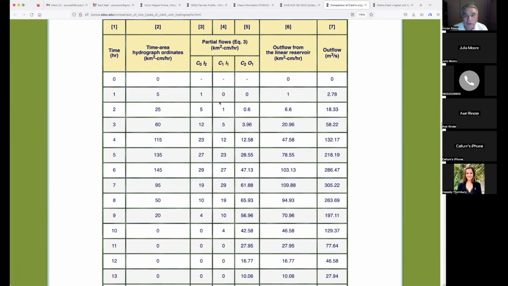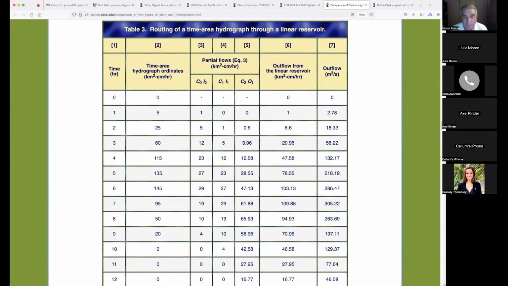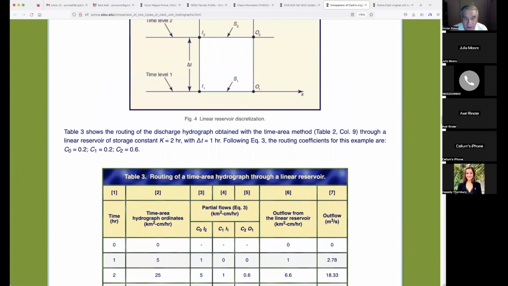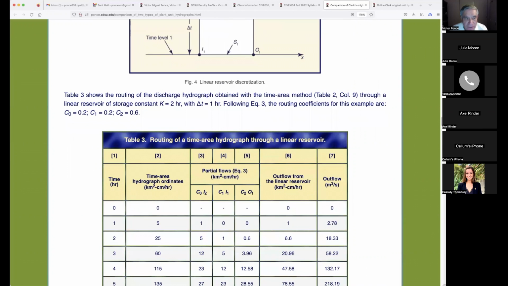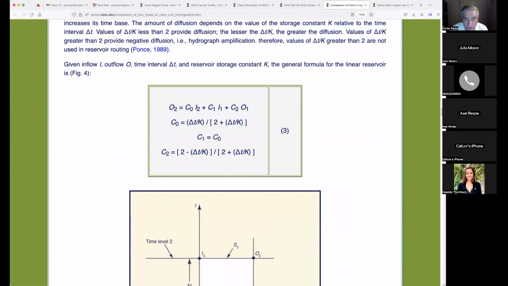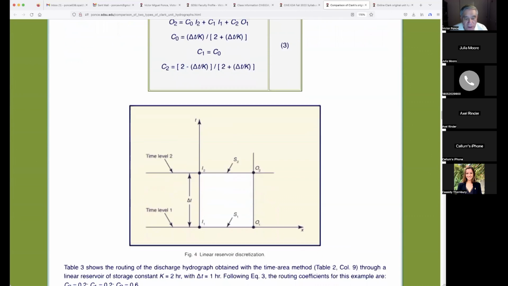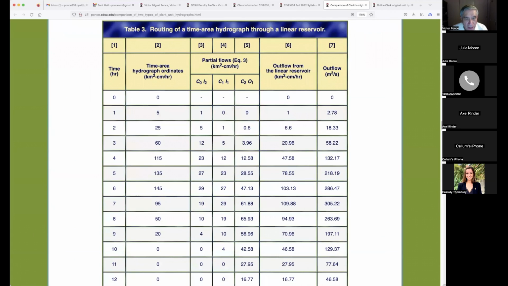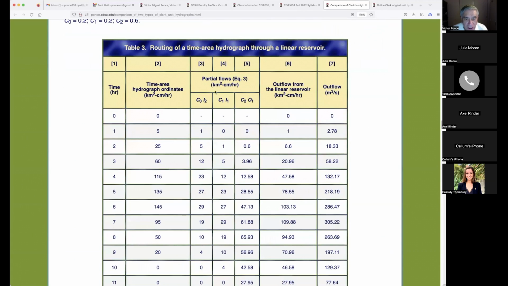And now we are going to route through the linear reservoir. For that, we need to figure out what the routing coefficients are. In this case, the routing coefficients are defined by these formulas over here: C0, C1, C2.